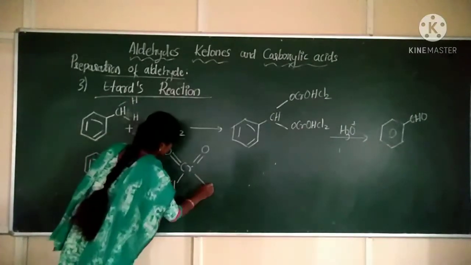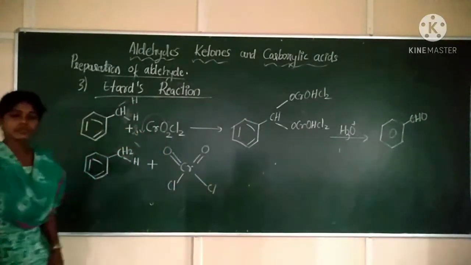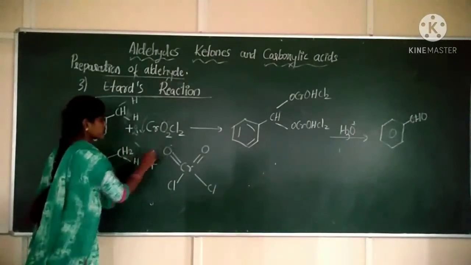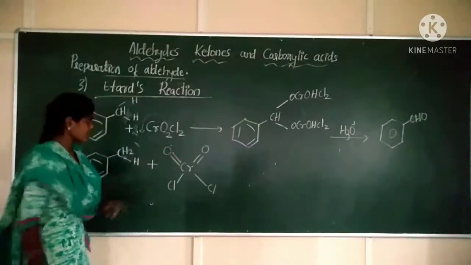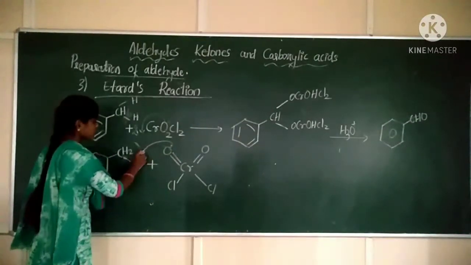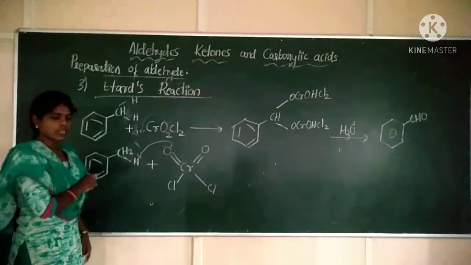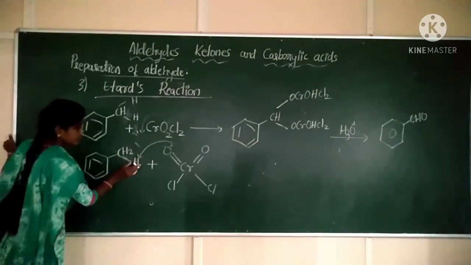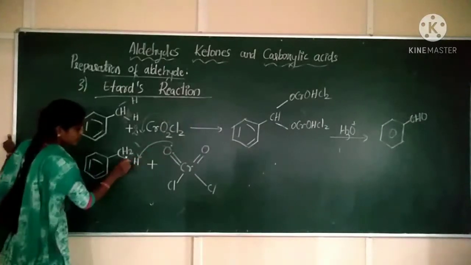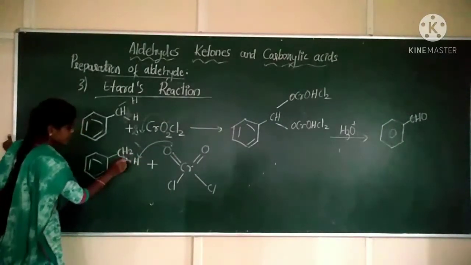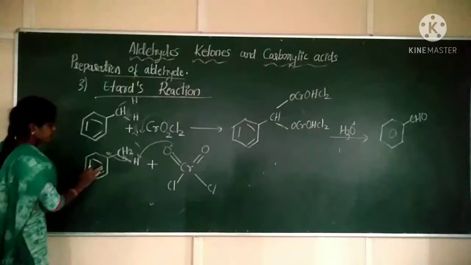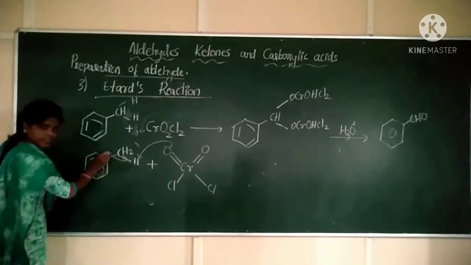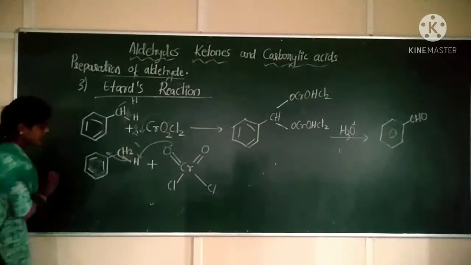Cl. Okay, now this oxygen has lone pairs. Now these lone pairs abstract a hydrogen. When the hydrogen is abstracted by the oxygen, these two electrons are shifted here, correct?